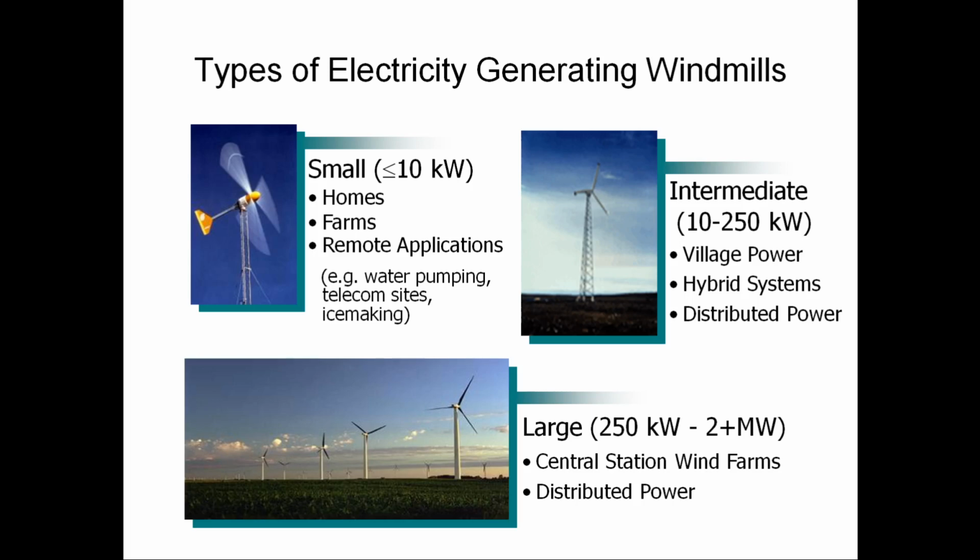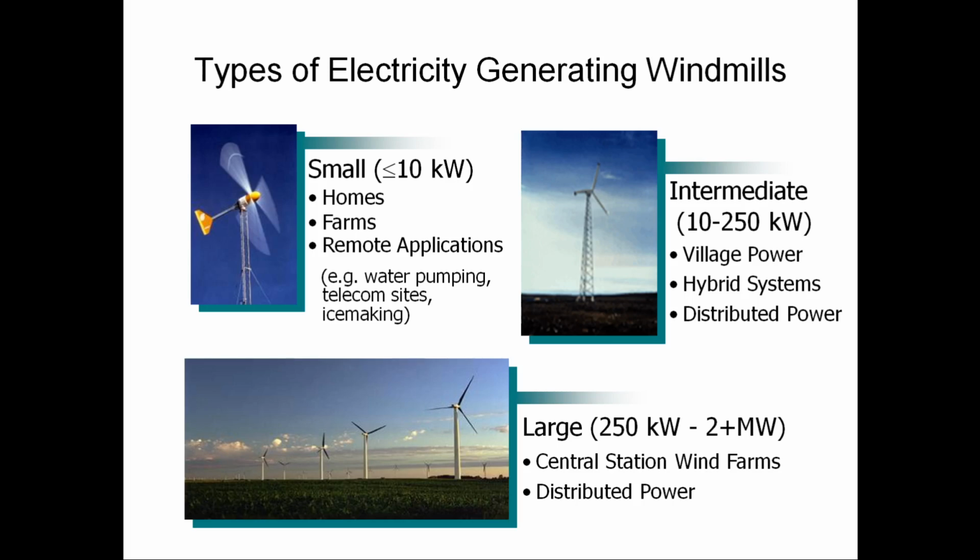Small windmills are suited for homes, farms and remote applications like water pumping, telecom sites and ice making, whereas the intermediate or medium type windmills, which can generate 10 to 250 kilowatts of electricity, are suitable for powering a village, hybrid systems, where another mode of electricity is also available from the wind or solar, like that, then for distributed power.